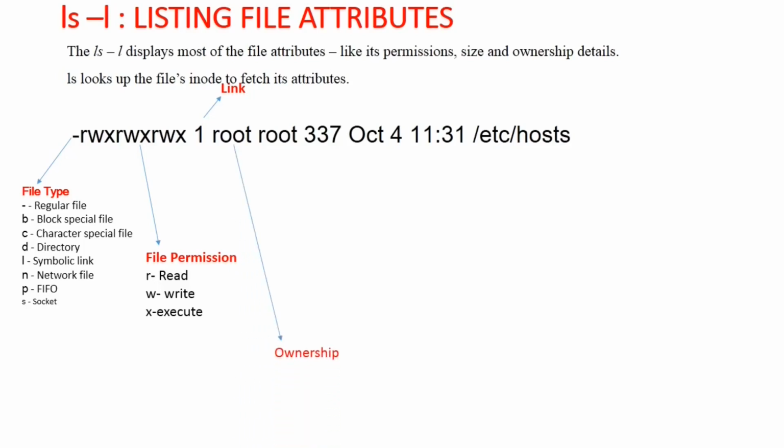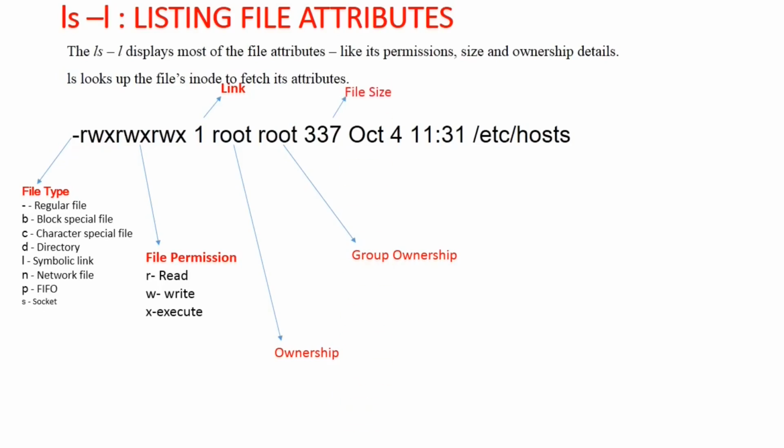The fourth attribute is the ownership. Whoever creates the file is the owner of the file. He has all the authority to delete, modify, read and write the content of the file. The next attribute is the group associated with the file. There can be more than one owner in a single group.